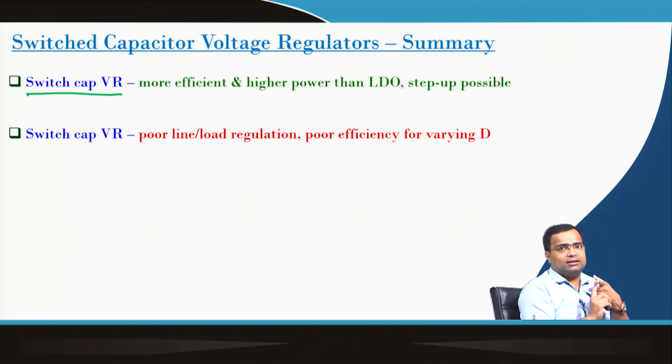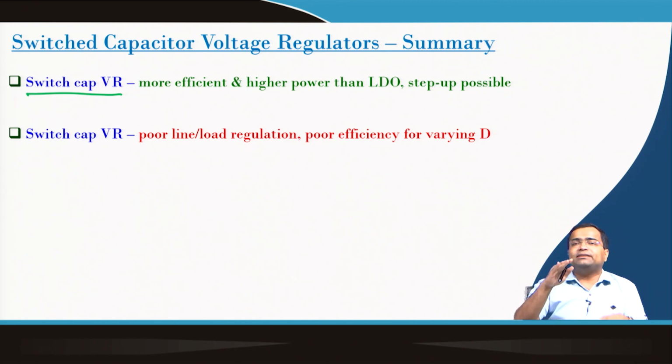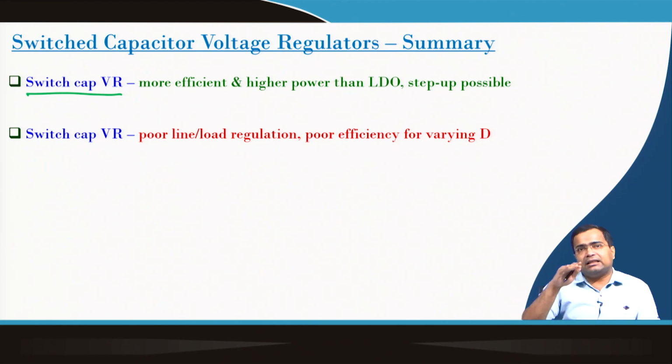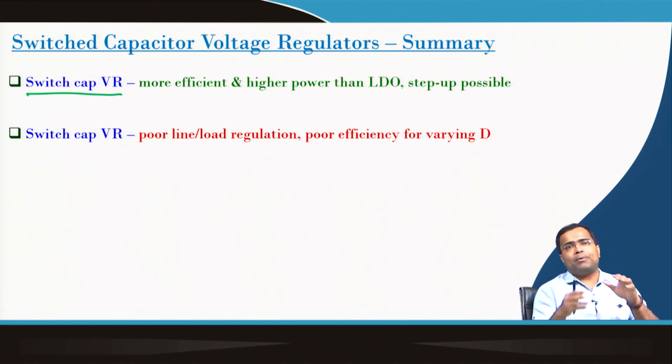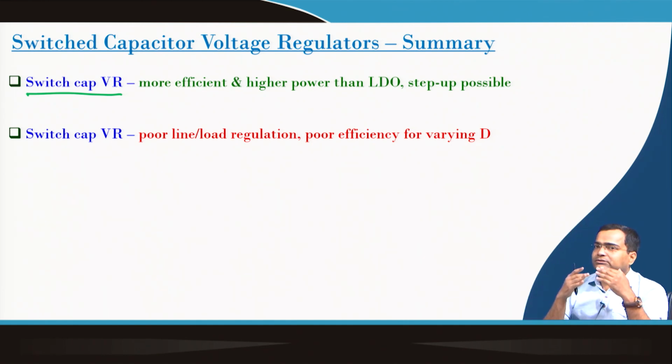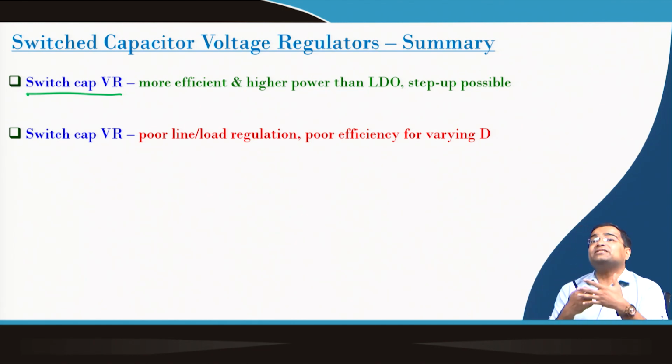Another important factor: since the peak voltage we achieve is Vin by 2 for one cell, if we want to set the output voltage much lower than Vin by 2, then we need to allow larger and larger ripple, and that kind of ripple can also degrade the efficiency. That means, if you operate this voltage regulator at a duty ratio different from Vin by 2 for step down, or for step up to Vin, then it suffers from poor efficiency.